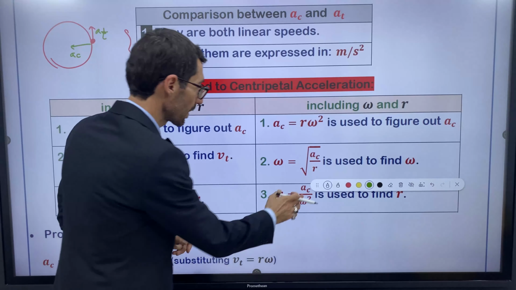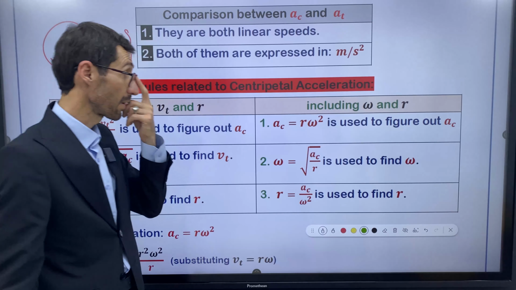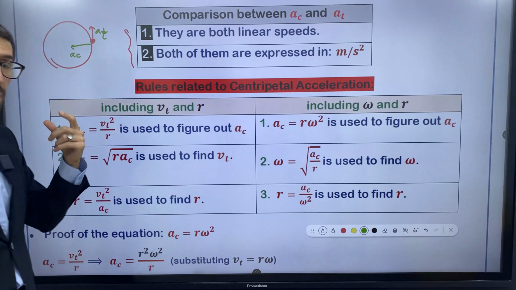Actually, I prepared another table for you. This table concentrates on the rules related to centripetal acceleration.